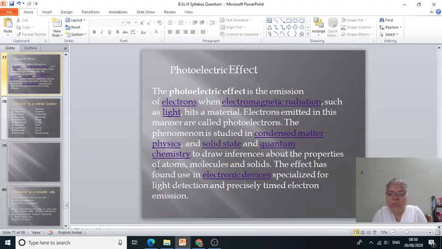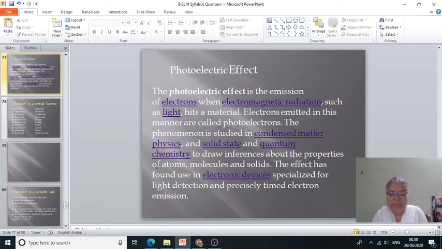So the electron overcomes the attractive influence of the nucleus and gets ejected. Thus, each photon can eject one electron. If the frequency of light is less than nu zero, no ejection of electrons takes place.